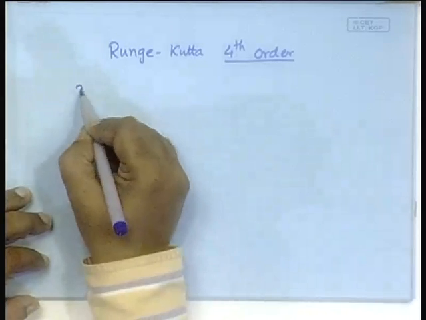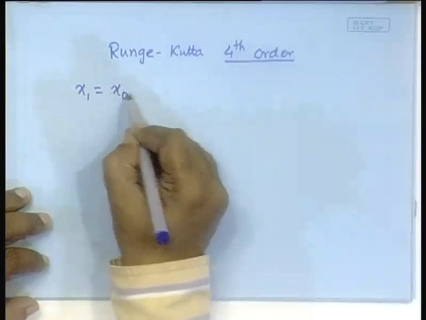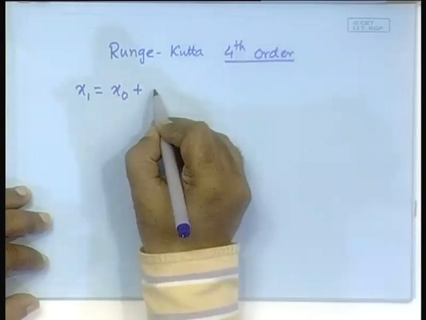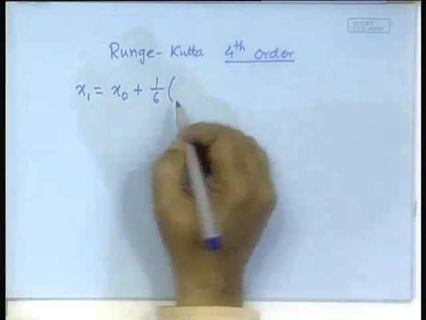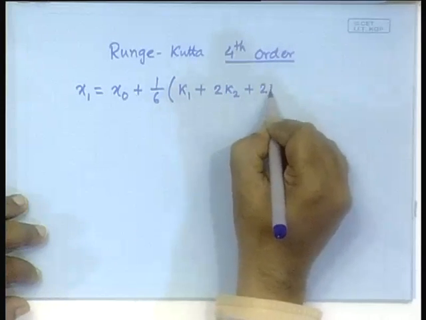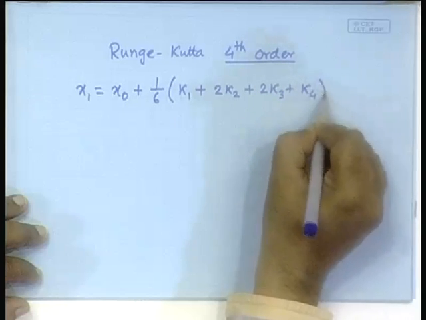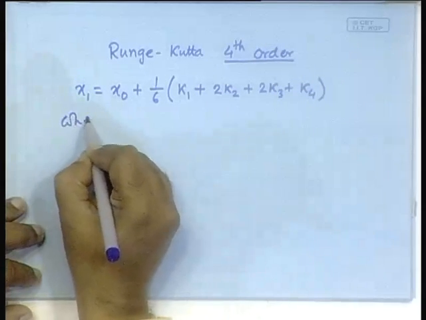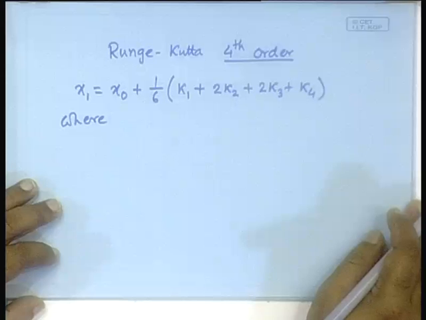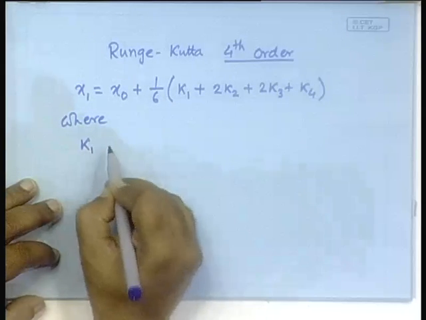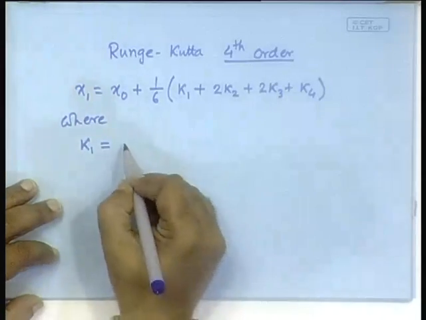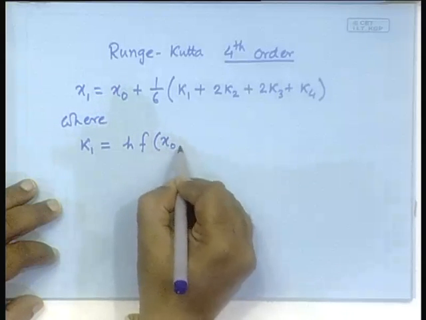In that case, x1 will be x naught plus 1/6 of k1 plus twice k2 plus twice k3 plus k4, where k1 is equal to, the first one obviously, h f of x naught, t naught.